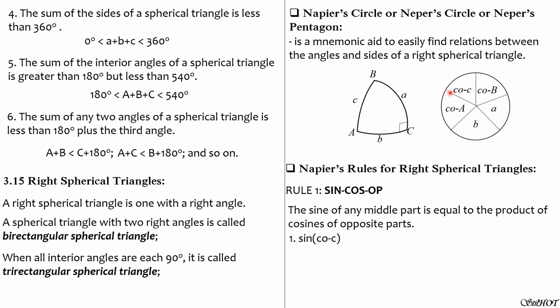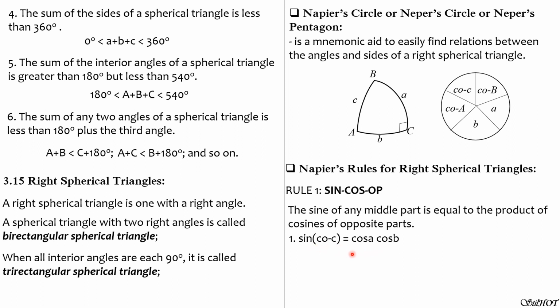I hope that you know it after applying this rule 1 here. You just select any of these 5 parts as the middle part, and the sine of that part is equal to the product of the cosines of opposite parts. So the opposite to complement of C would be A and B.